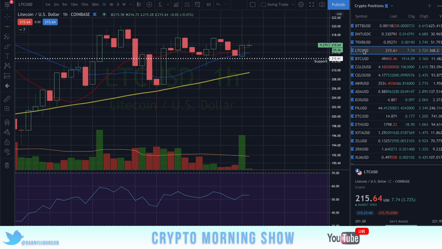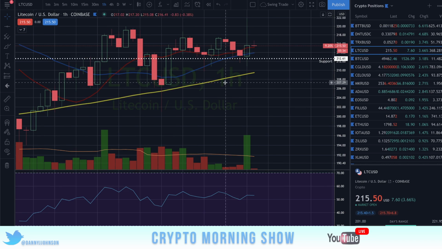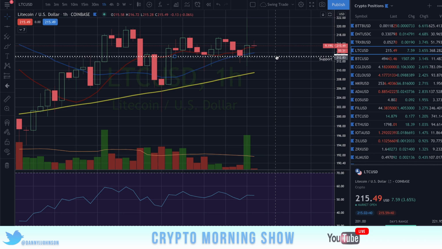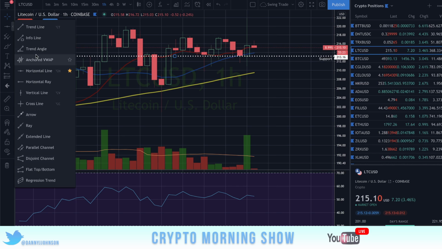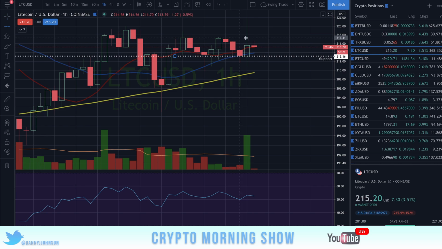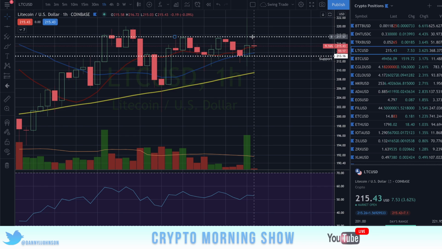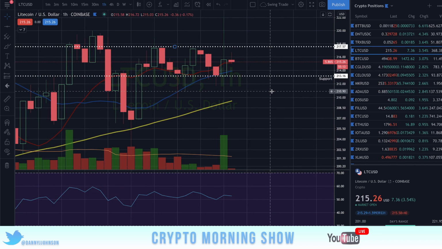Moving on to LTC USD, Litecoin, we have support at, we'll adjust this slightly here, 213.16. And we have a tightening range and resistance at 217.57. So we'll be keeping a good eye on Litecoin.